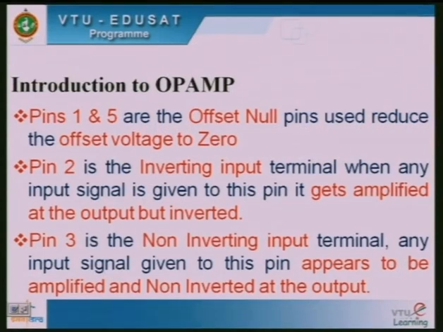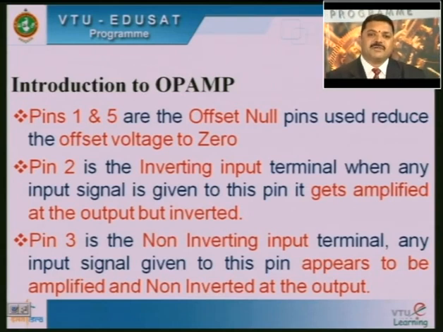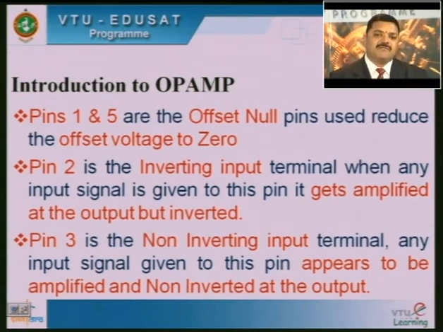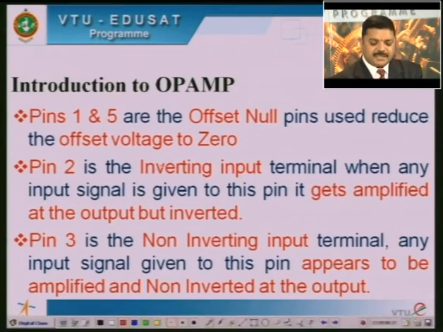Pin number 2 is the inverting input terminal. What is the function of the inverting input terminal? You apply any input signal at the inverting input terminal with respect to ground, which appears amplified but inverted at the output.